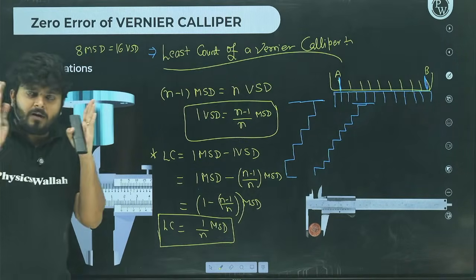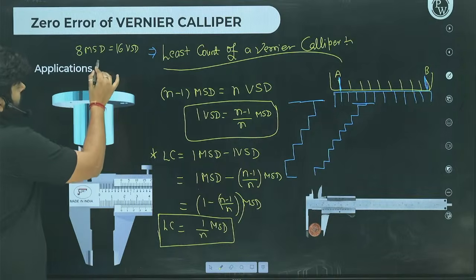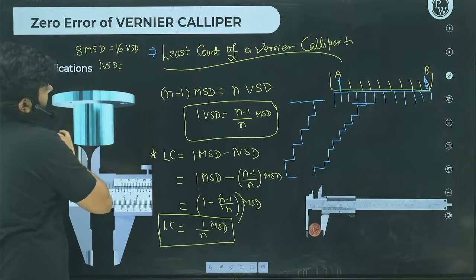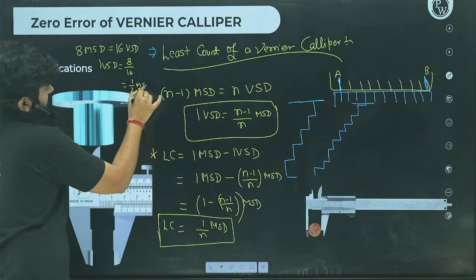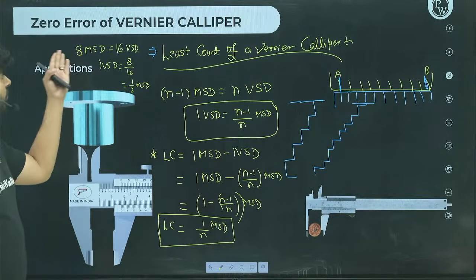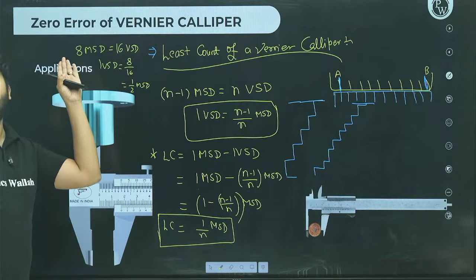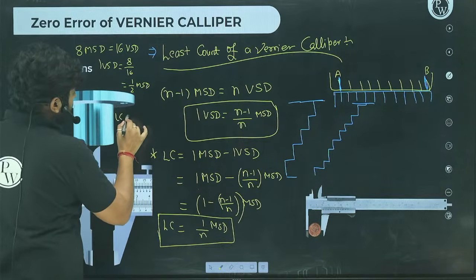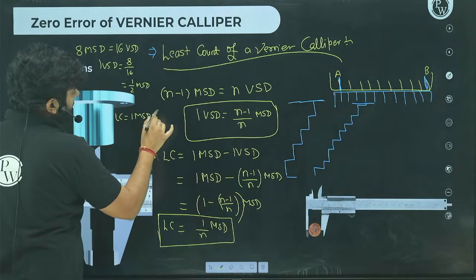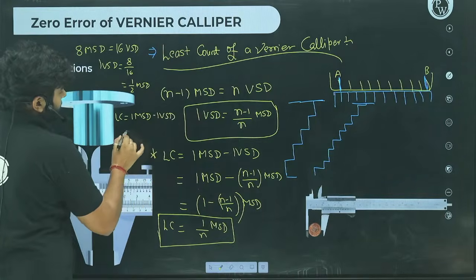So one Vernier scale division is 8 by 16, or half a main scale division. For that Vernier caliper, the least count will be 1 main scale division minus 1 Vernier scale division.